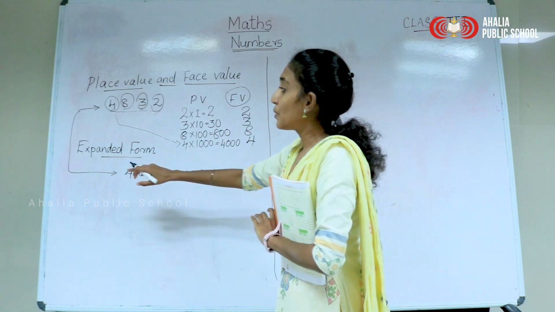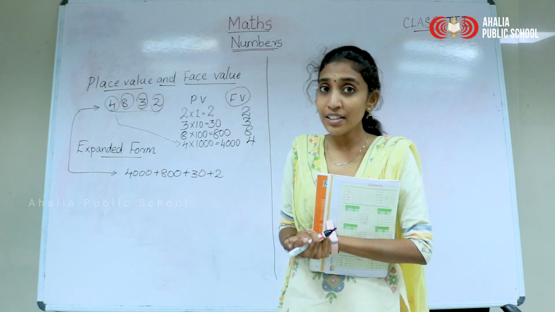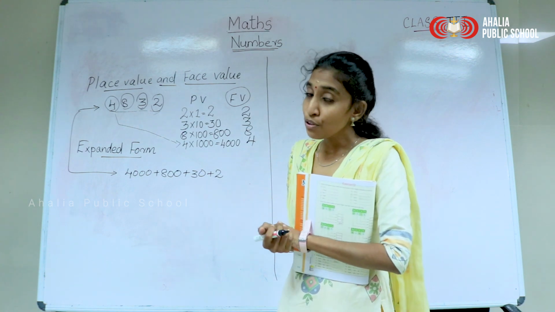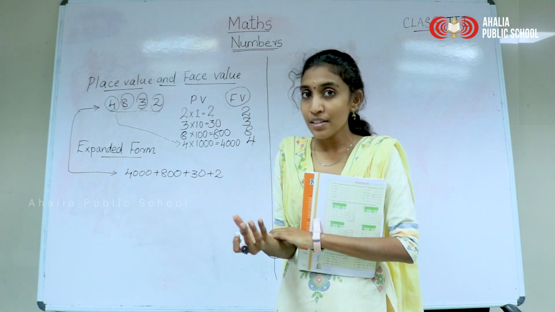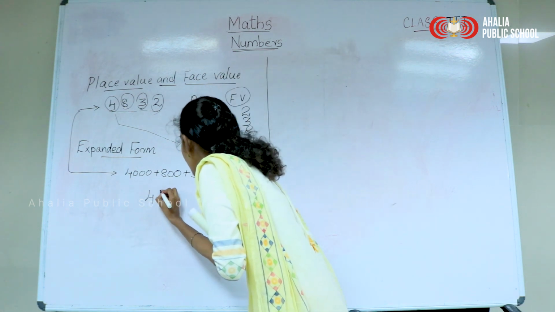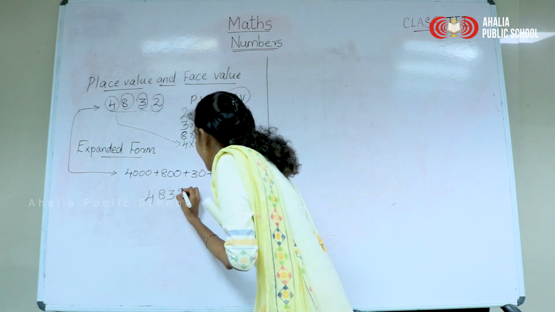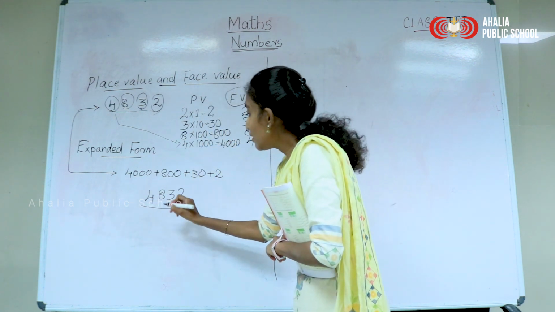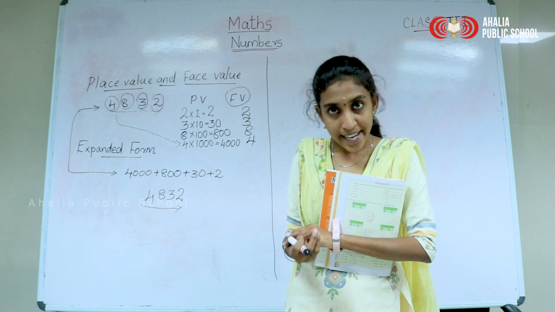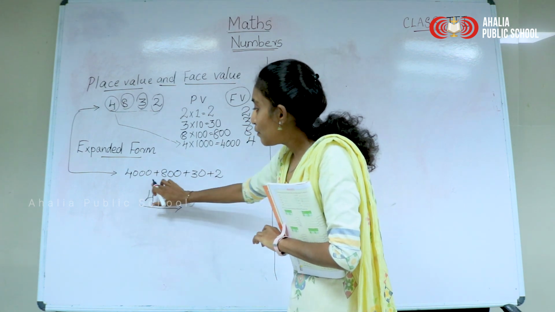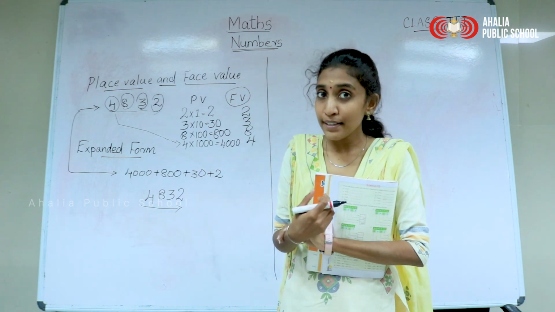Okay. So now, what was the next topic that we have learned? Expanded form. So, I have already told you the way we write the numbers is the standard form. That means 4832. Okay, this is the standard form. What about expanded form?